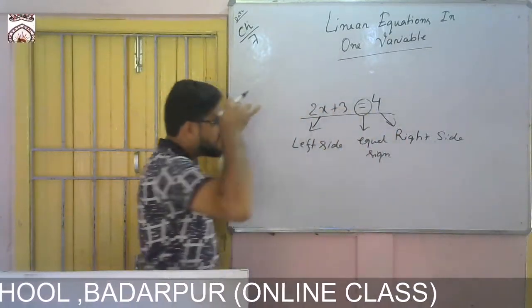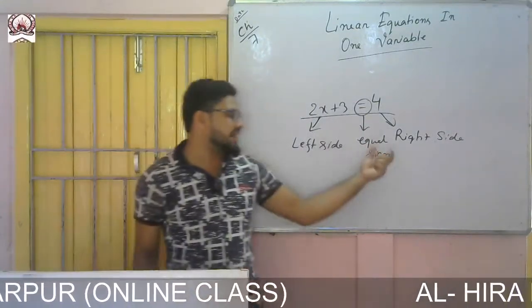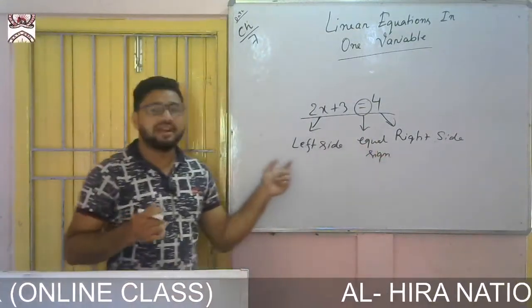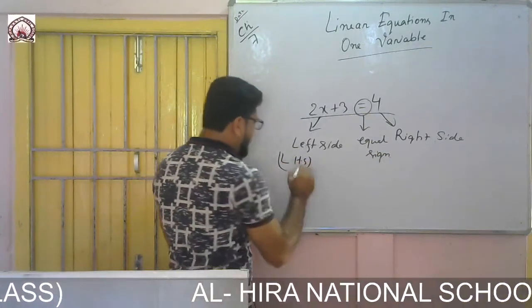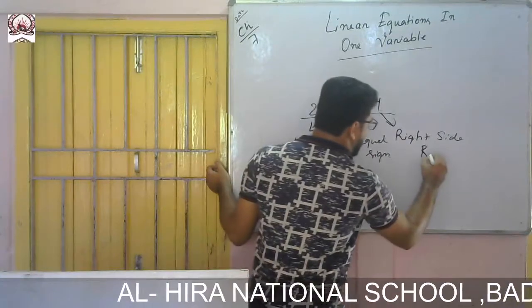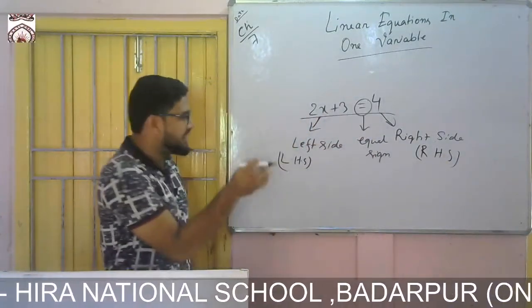So an equation consists of a left side, right side, and equal sign. Left side in short form we can say LHS, left hand side, and right side you can say RHS, right hand side.